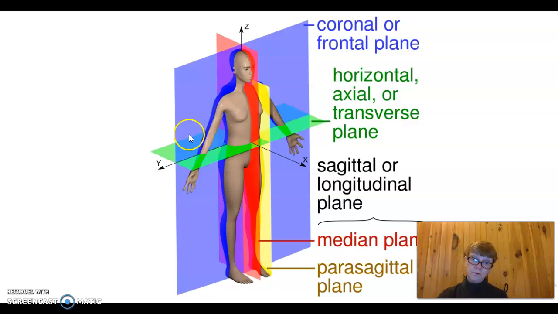Then we have the horizontal, or the transverse plane, again, starting from the posterior part of the body. If you are removing a kidney, you're going in through the back, but you would be doing that transverse plane. It's also called the horizontal axis. And then our third, our sagittal, also known as the longitudinal plane, can also be broken down a little bit further.